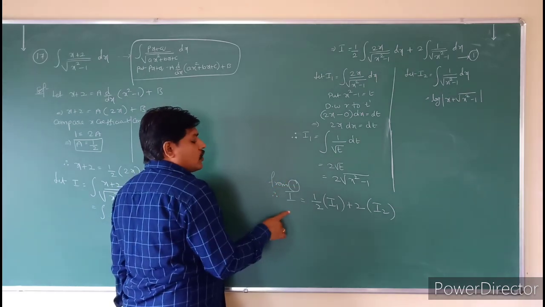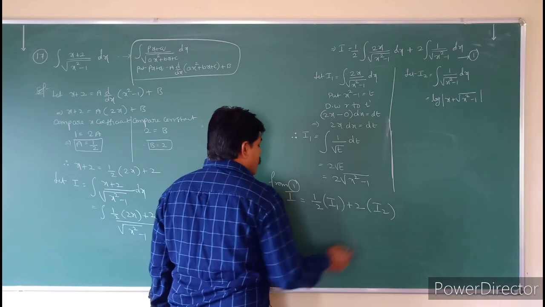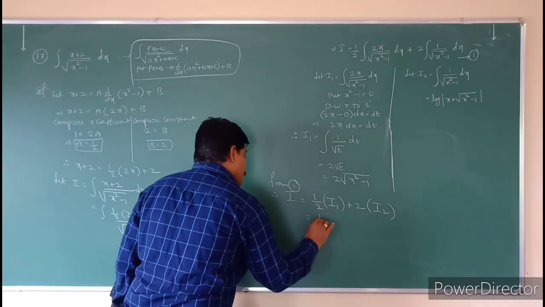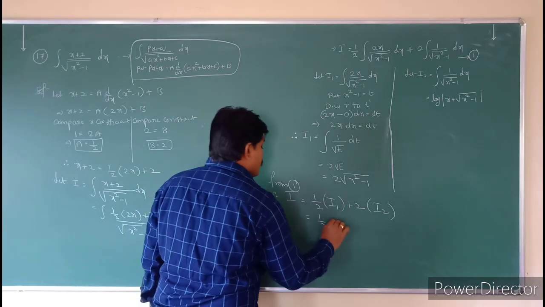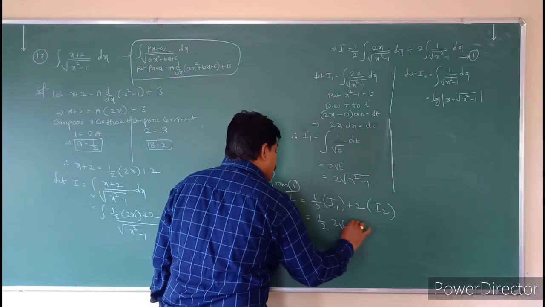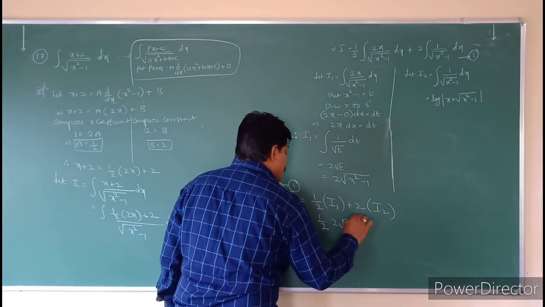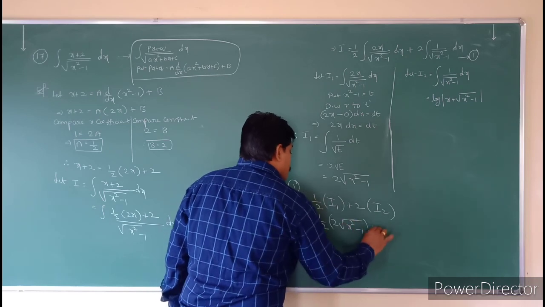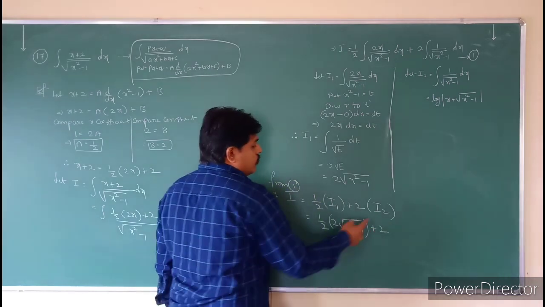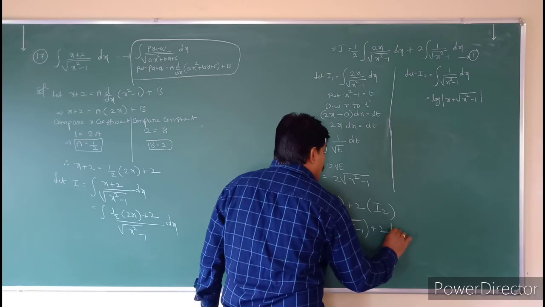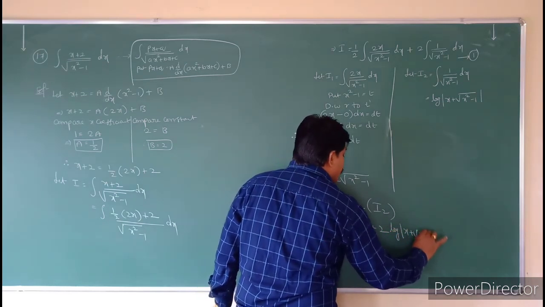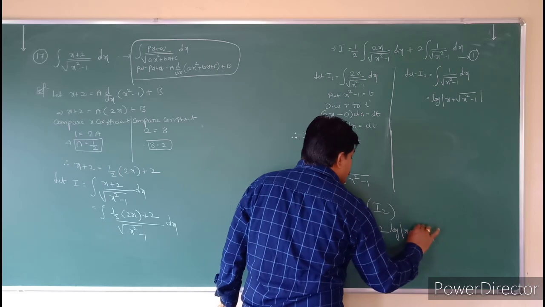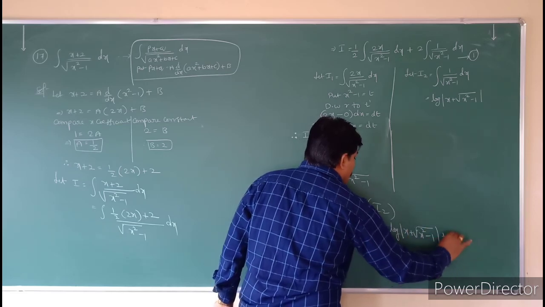From 1, I is equal to 1 by 2 into I1 plus 2 into I2. So that is equal to 1 by 2 into, what is the I1 value? I1 value is nothing but 2 into root of x square minus 1 plus 2 into, what is the I2 value? Log mod x plus root of x square minus 1 plus c.